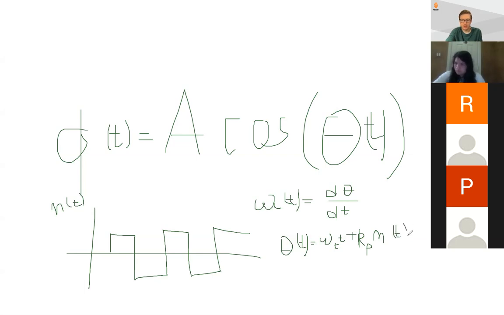So if we take the derivative of the angle and the message has these discontinuities in it, we can see that the instantaneous frequency, the frequency that this cosine wave is oscillating at, is going to have big jumps. From here to here there's a discontinuity in the message, and that results in instantaneous frequencies that change a big amount in zero amount of time.